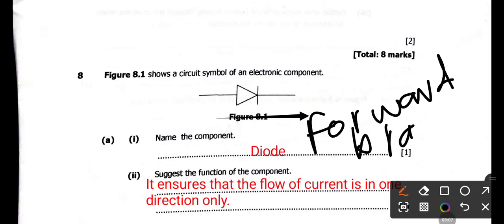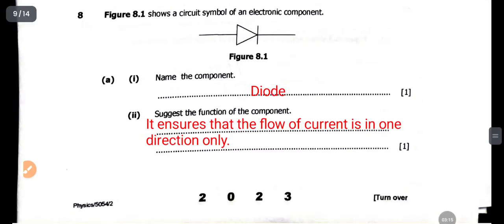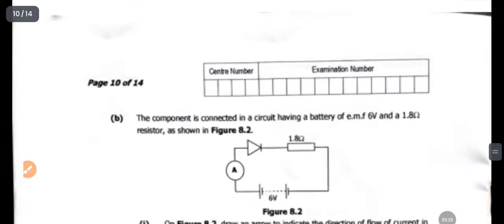It ensures that current flows in the forward bias direction. So I presented my answer that the flow of current is in one direction only.